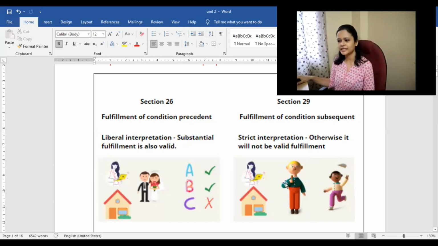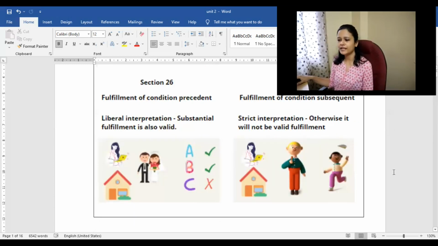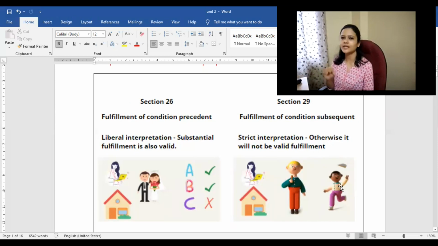What is the condition? That within 1 year from the date of getting possession, you need to go for a trip abroad. Wherever you want to go, you go, but you need to go on a trip abroad within 1 year from the date of getting possession of the property.